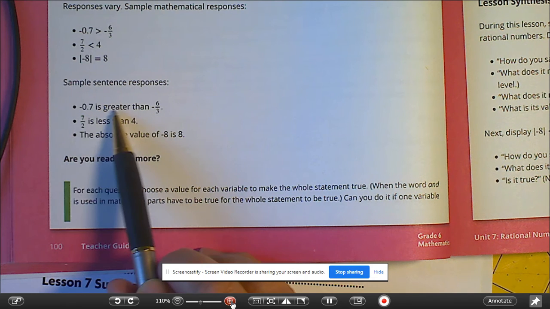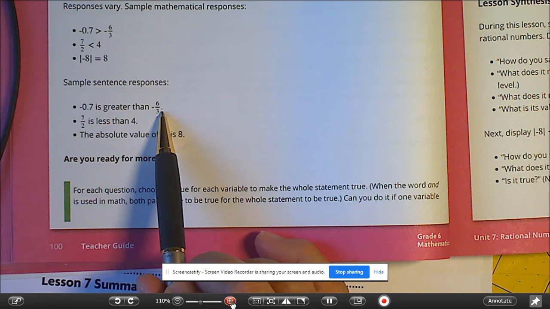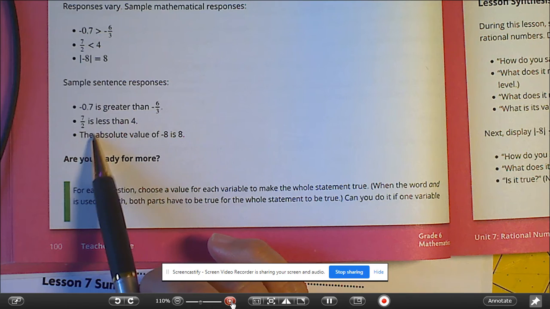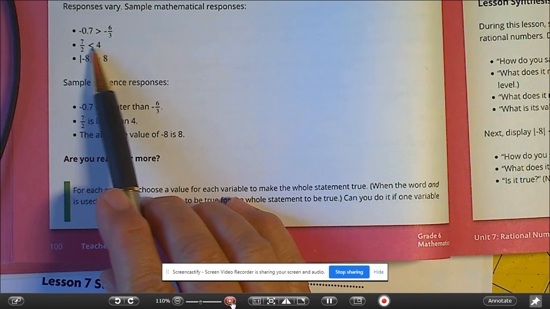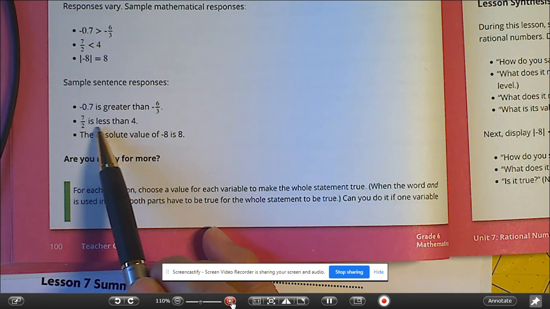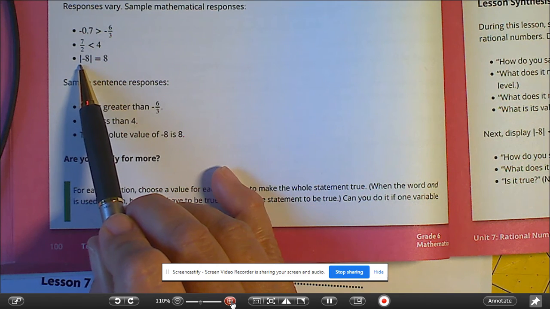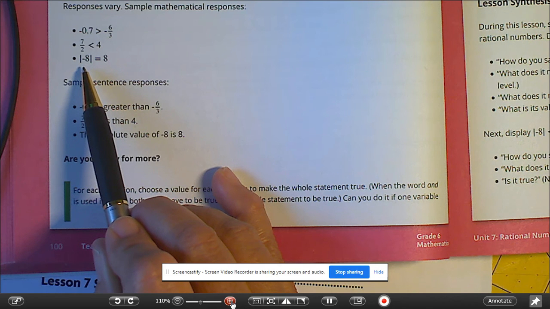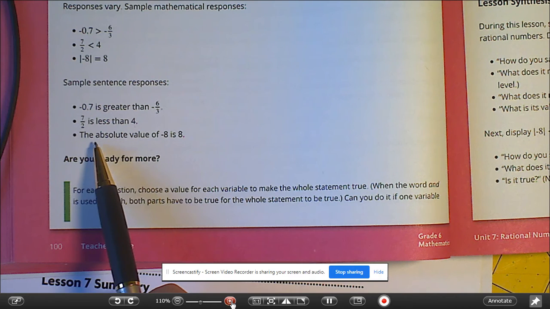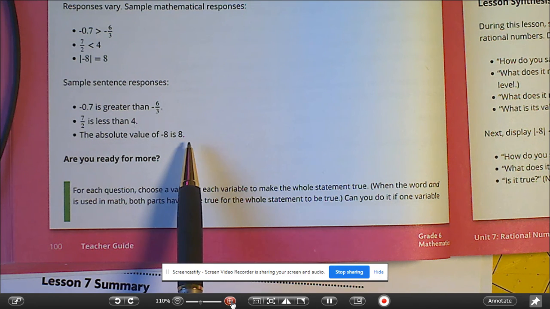And this is how you would write that: negative 0.7 is greater than negative 6/3. 7 halves is less than 4. And to write that in words, 7 halves is less than 4. And then a third one you could do is the absolute value of negative 8 is equal to 8. And in words, it would look like this: the absolute value of negative 8 is 8.